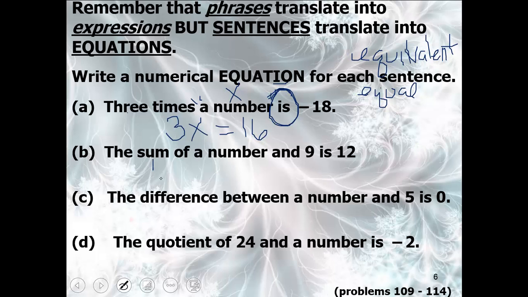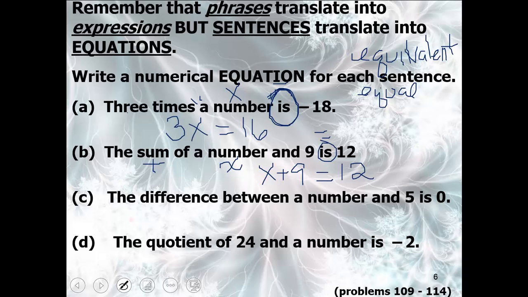The sum of a number, that's going to be our x, and 9 is, there's our equal sign. So I have x plus 9 equals 12.